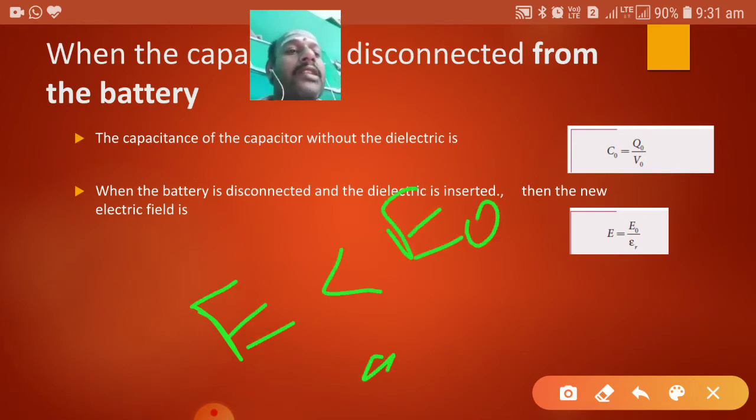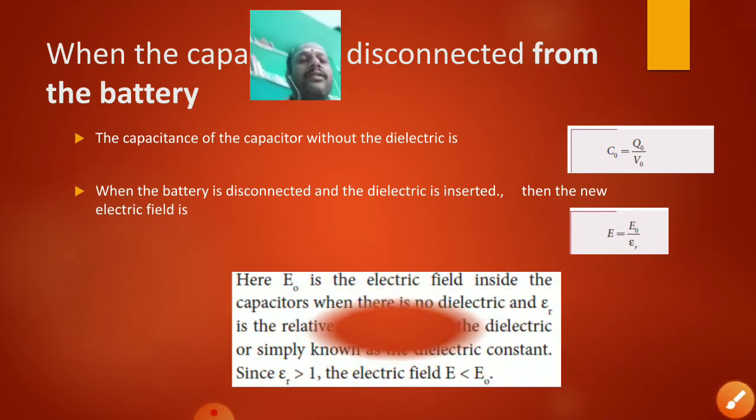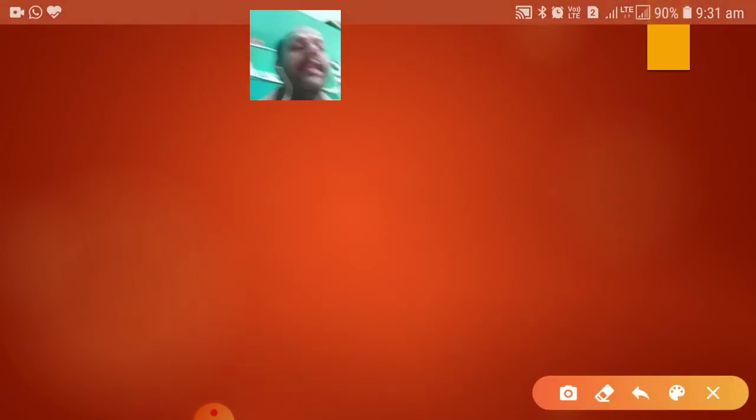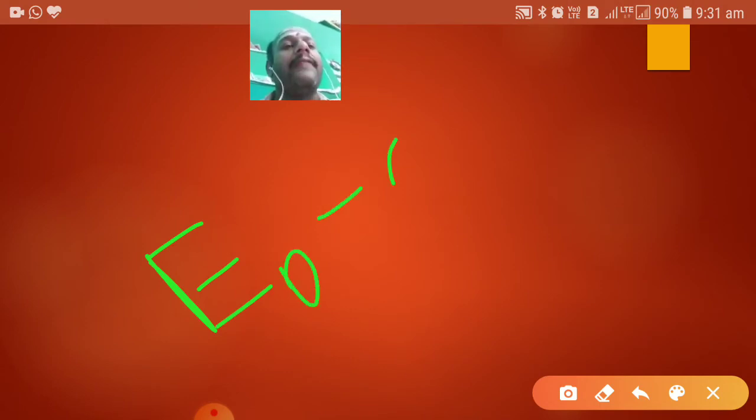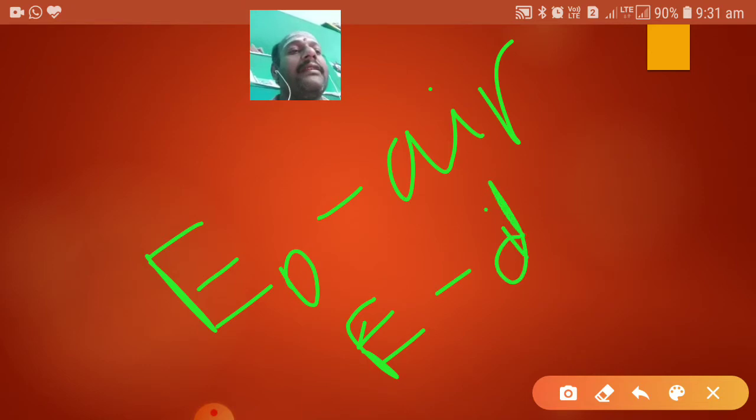Why? Because epsilon R is greater than 1. When epsilon R is greater than 1, E will be less than E naught. So E naught is the electric field in air and E is the electric field in the dielectric.